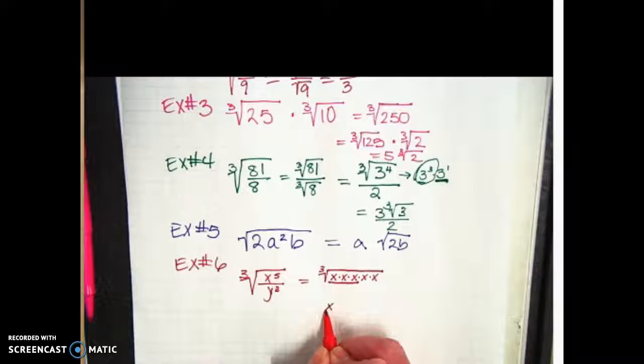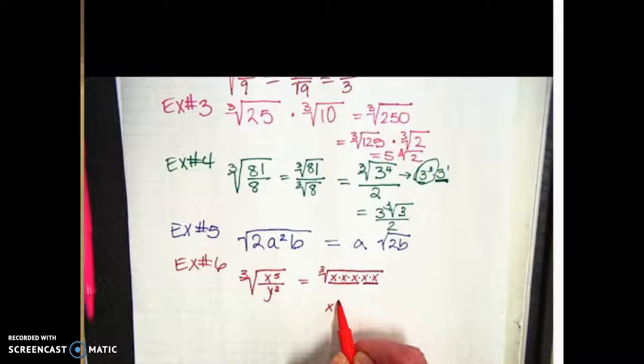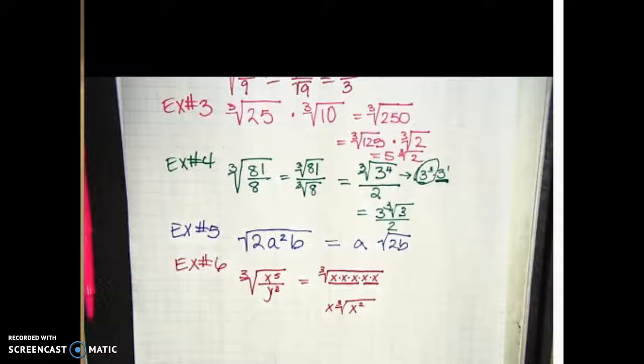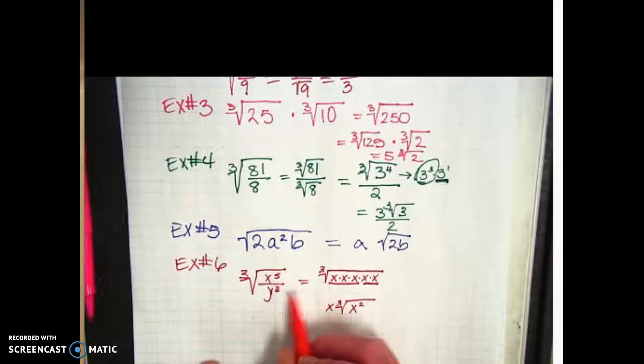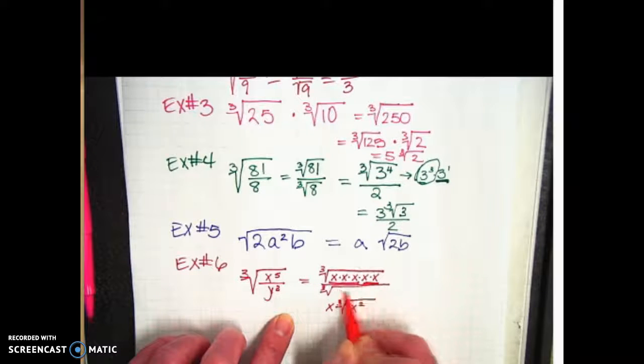from underneath that cube root. These other 2, this x squared, will stay under the cube root because it's not a cube root, it's only a square root. Okay? Same thing with the denominator. The denominator has a third root of y times y times y.